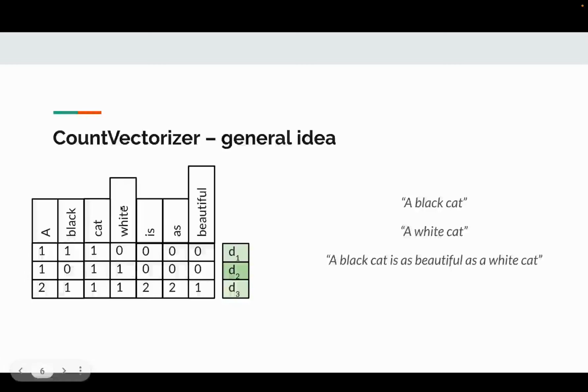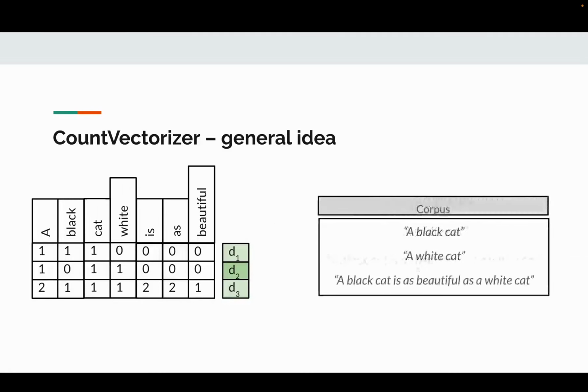One good thing about this representation is that we have a variable number of tokens in each document, but as you see, it turned out to be a uniform numeric encoding. So in summary, the count vectorizer encodes the number of occurrences of each word or token in a document.